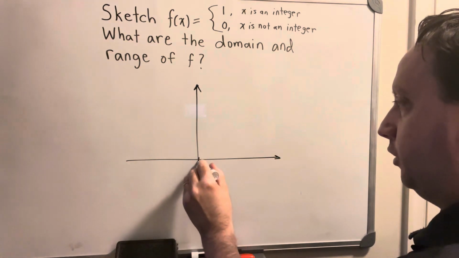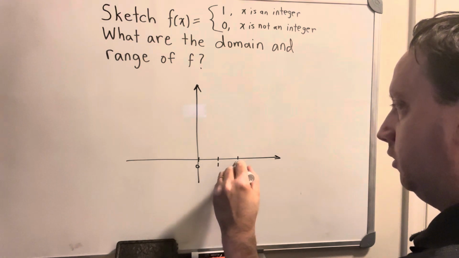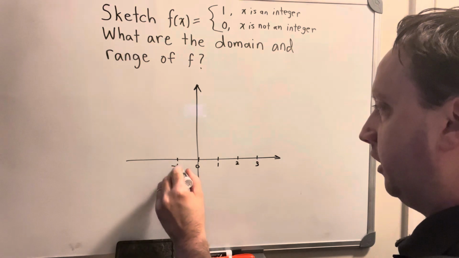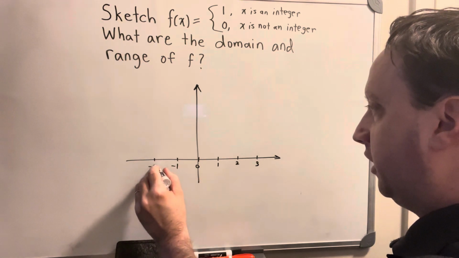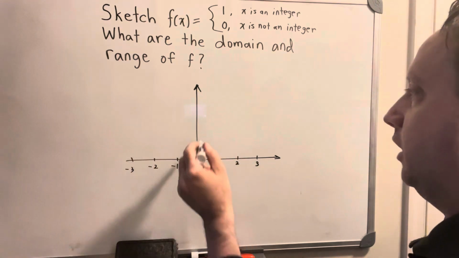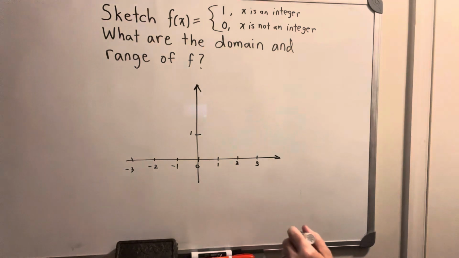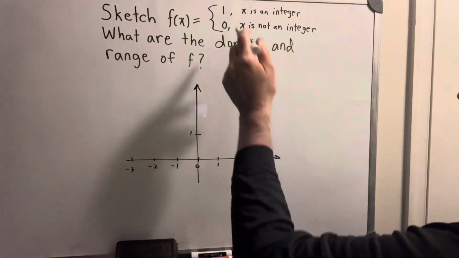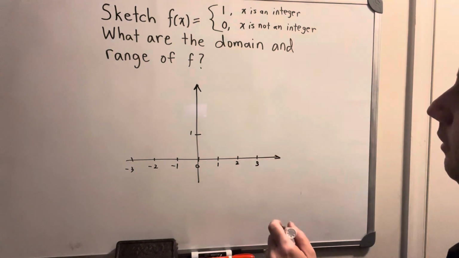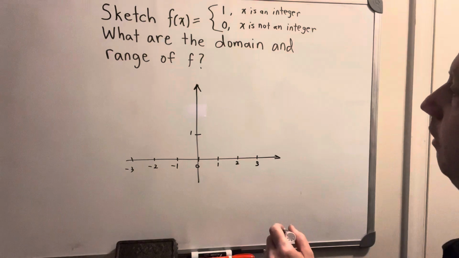Let's put some values here. 0, 1, 2, 3, -1, -2, -3, and so on. And here is 1. So for these integer values, f of x is equal to 1.